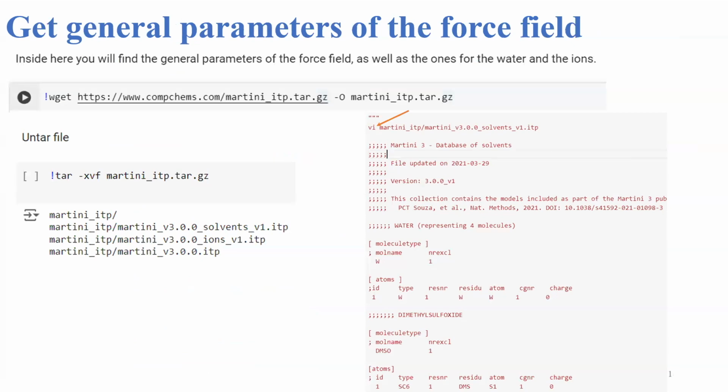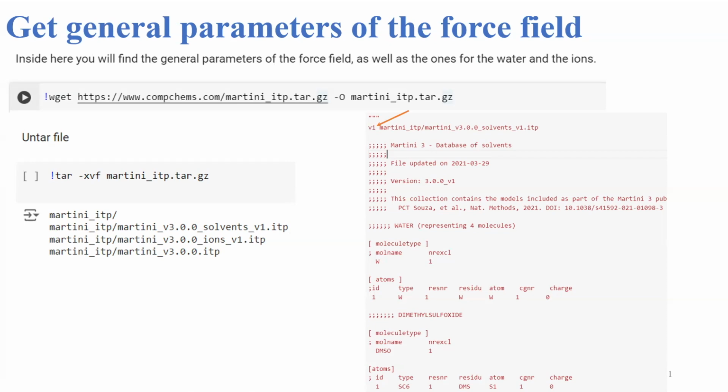You also want to set up the force field, so we can get the force field from one of the websites here and untar it. Untarring is basically a way to unzip. Then we can visualize one of the contents of this file on the right-hand side. These are done using vi. vi is an editor in Linux, and some of you might be familiar with it.